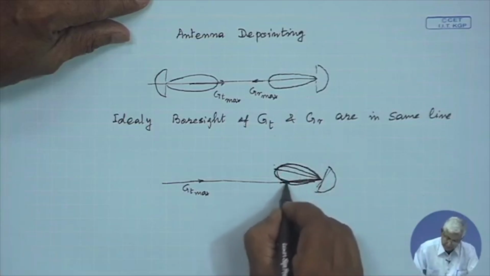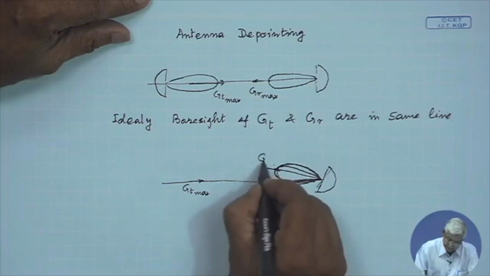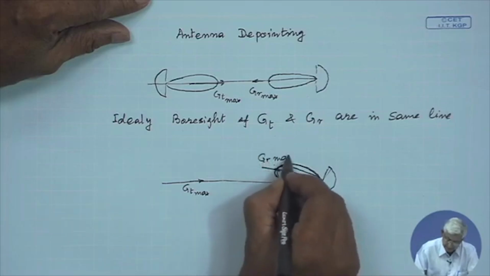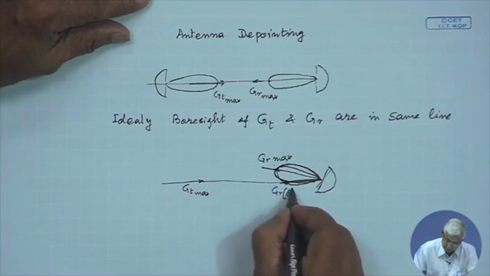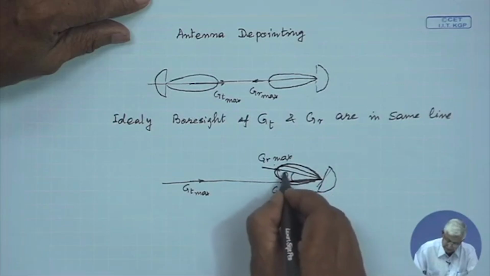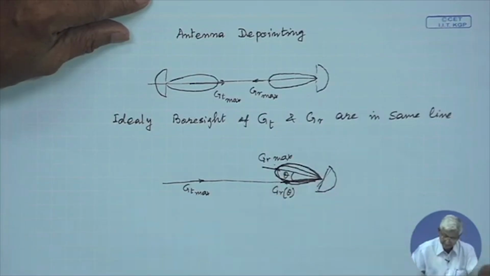That means this is GR max and this point is the GR theta and this angle is theta. Let us draw it fresh.